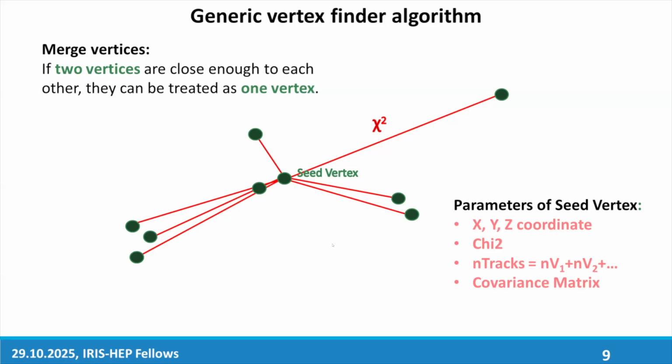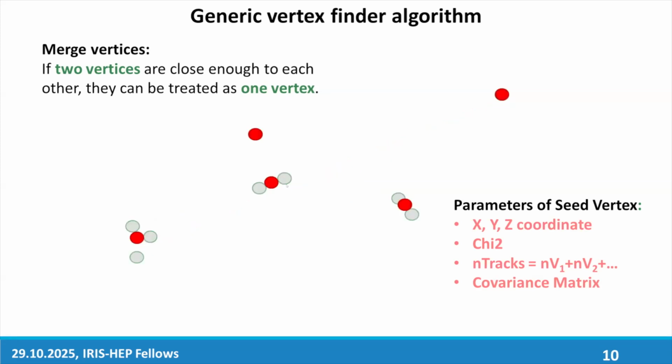So we need this stage to merge such close vertices and reduce their number. We calculate the distance between all pairs of seed vertices, and also the chi-square in the form of the distance between two points. After that, we build the new common vertex, which has all common tracks, and we fit it again.